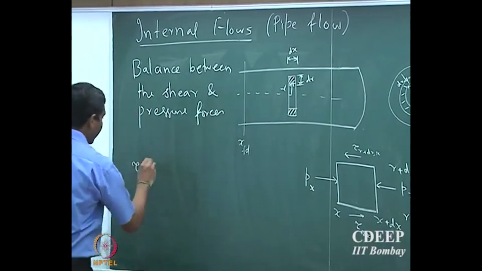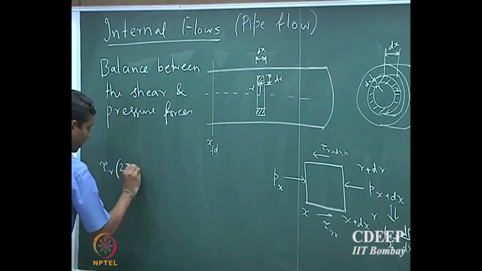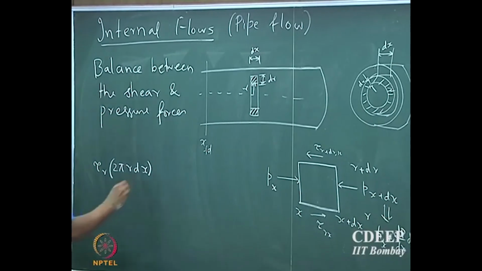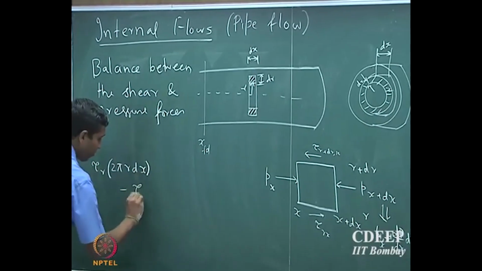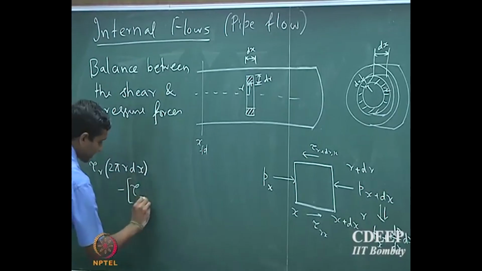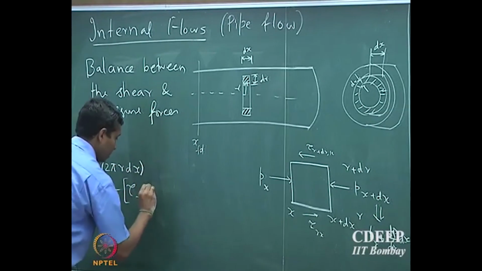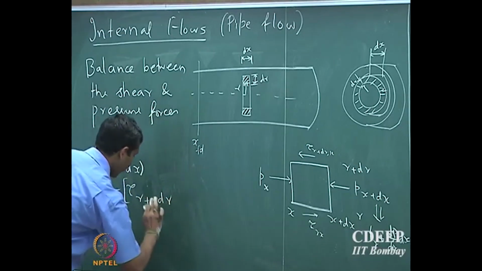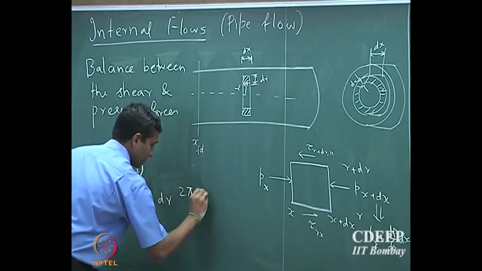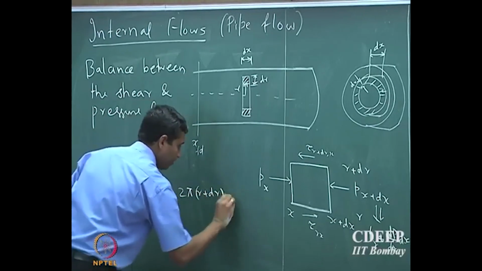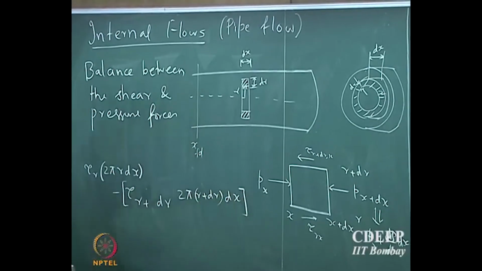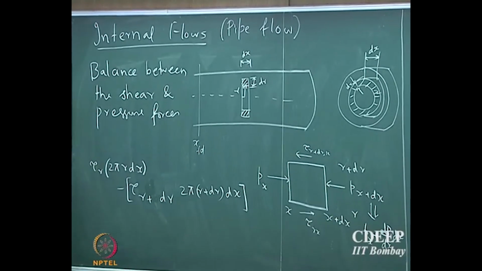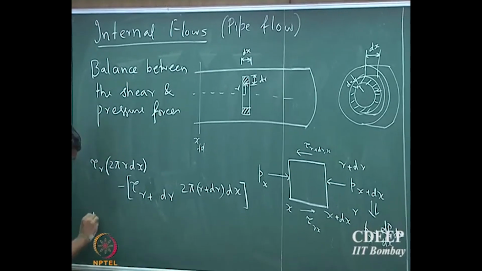So the area in which tau r is acting is 2 pi r into dx, minus tau r plus dr, which will be 2 pi r plus dr, sorry, 2 pi r dr into dx. So that's the shear at the outer end of the shell.